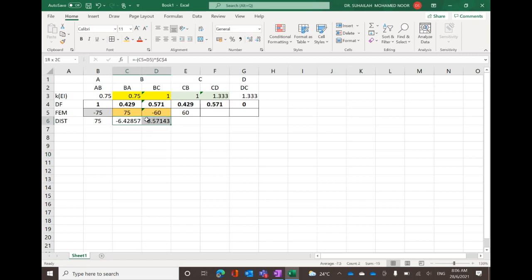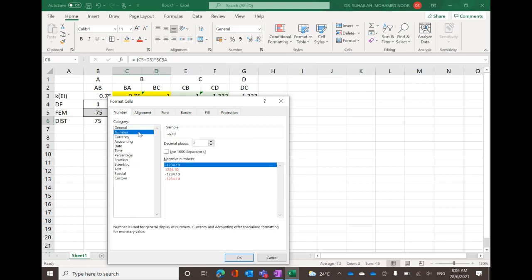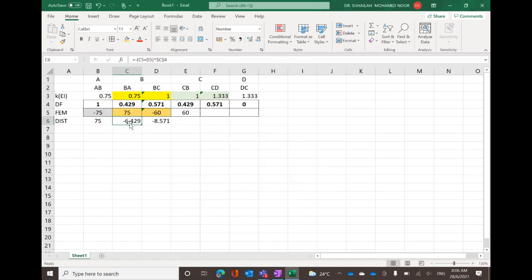I set the decimal to 3 decimal points only. To check whether the values are correct, plus these four values: 75 plus negative 60 plus negative 6.429 plus negative 8.571. The total must be equal to 0.